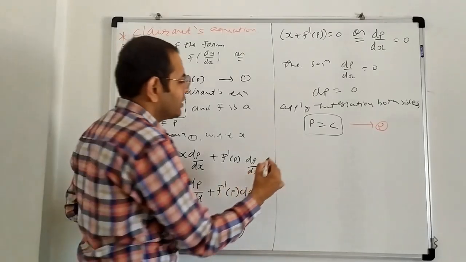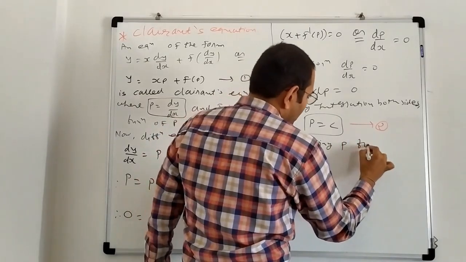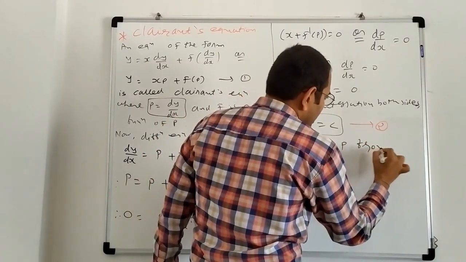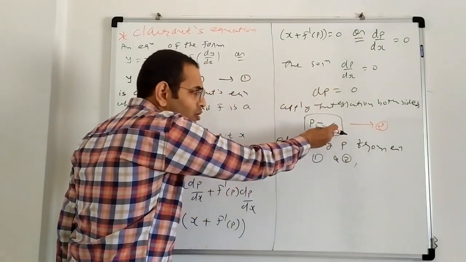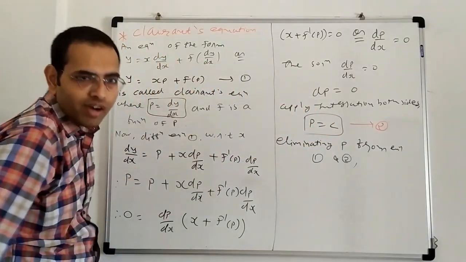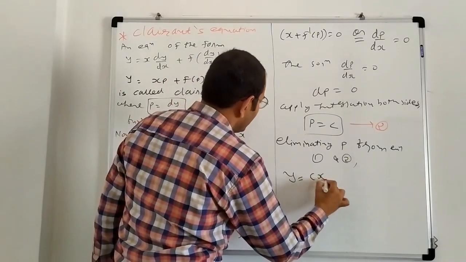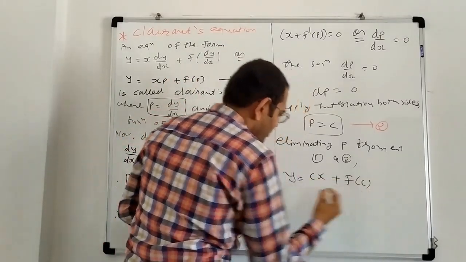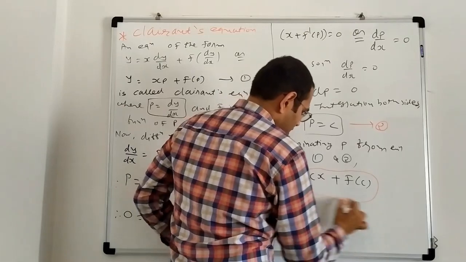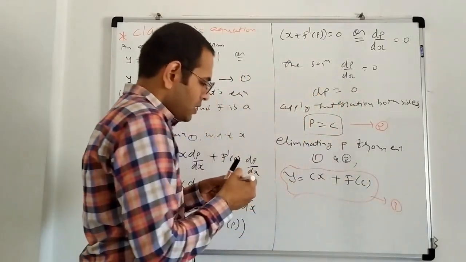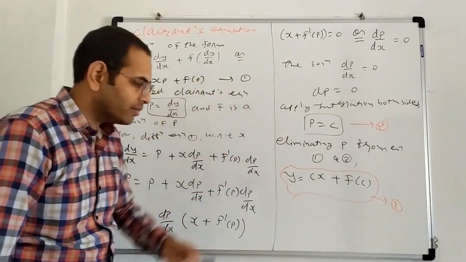Now eliminating p from equation 1 and 2, means substitute the value of p in equation 1 and we get y equal to cx plus f of c. That is our equation number 3, which is the general solution of equation number 1.